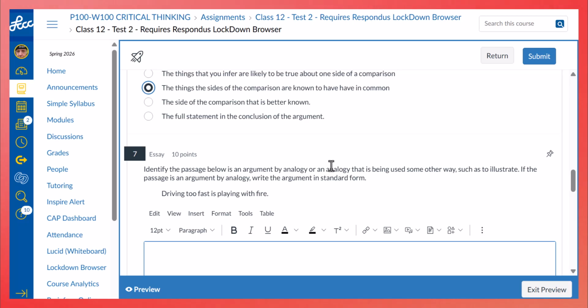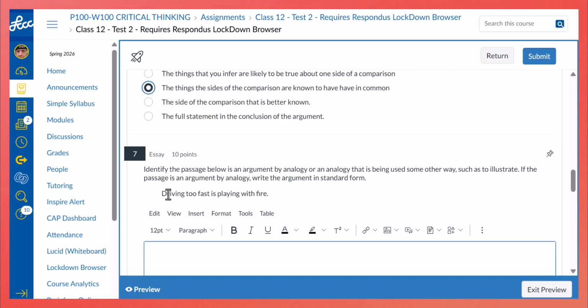And you have to identify the passage. The passage below is either an argument by analogy or an analogy that is being used in some other way, such as to illustrate. If the passage is an argument by analogy, write the argument in standard form.